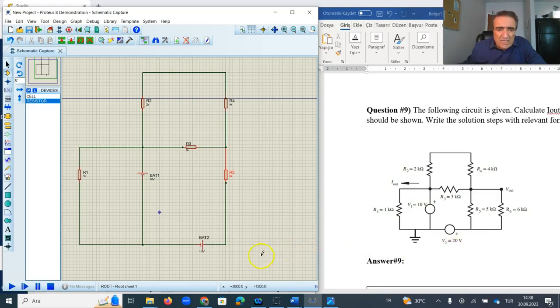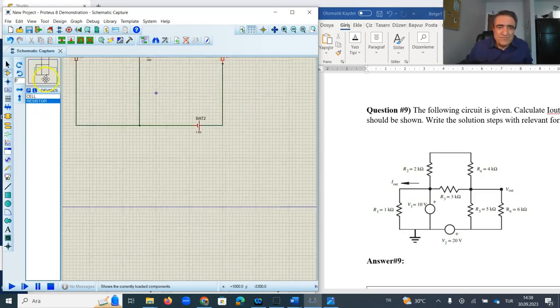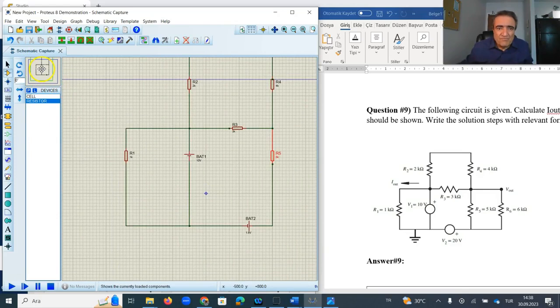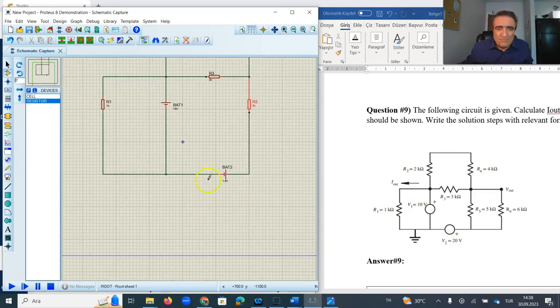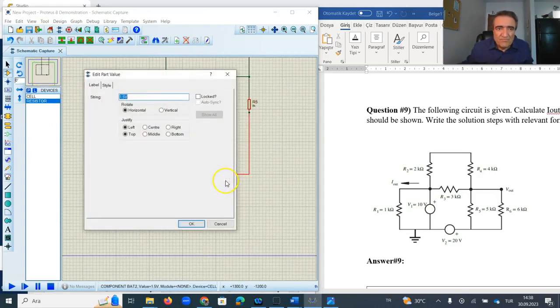And the second battery has a value of 20 volt.